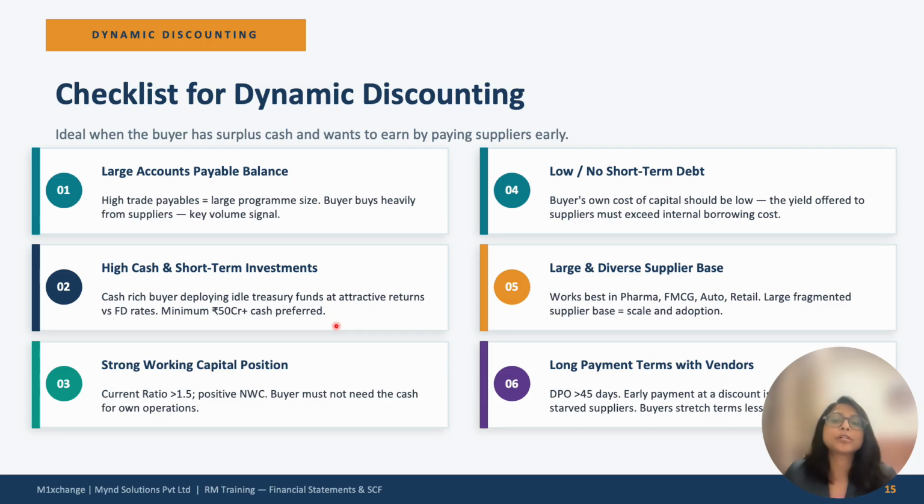It can very well put its money in the FD and get the same interest rate, but if the arbitrage it gets is greater than the market returns or the FD rates, it is more suitable for dynamic discounting.